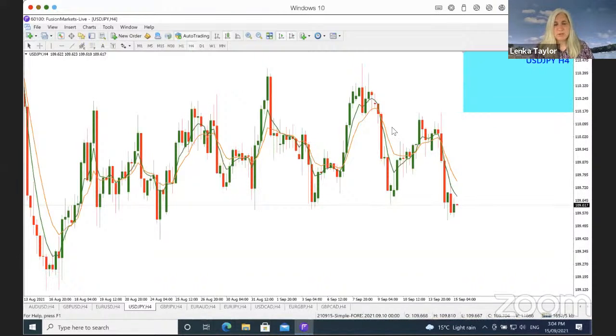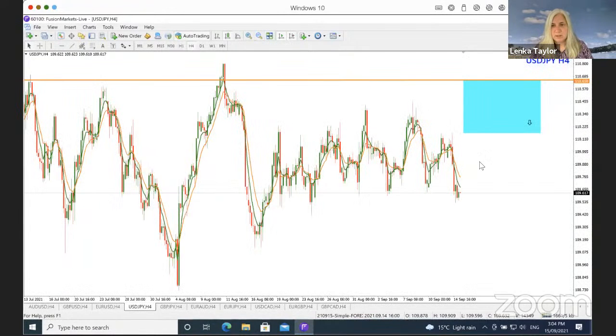In terms of the entry on the 4-hourly, I'm looking for the price to go either a little bit further up, or if it drops down, then a retest at the bottom. So I'm not sure what's going to be happening here. If it keeps ranging and goes back up here, then again I'll be looking for a short in that area.